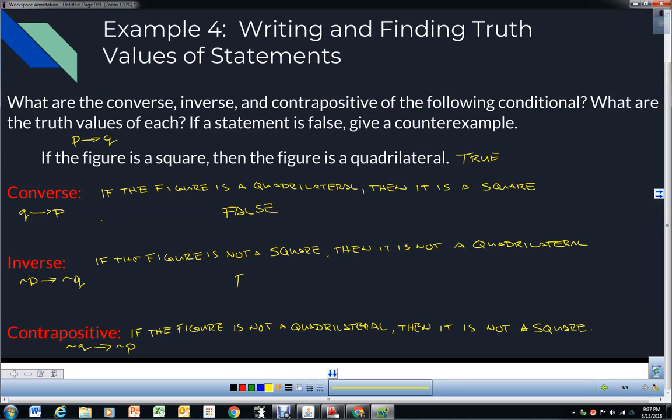So that's false as well. And remember, these are equivalent statements, so the converse and the inverse match up. If one's false, they're both false. And since the conditional is true, our last one should be true. If the figure is not a quadrilateral, it doesn't have 4 sides, so it can't be a square. That makes it true.